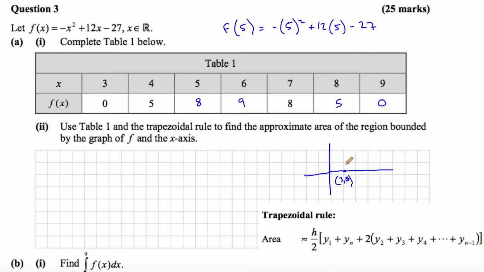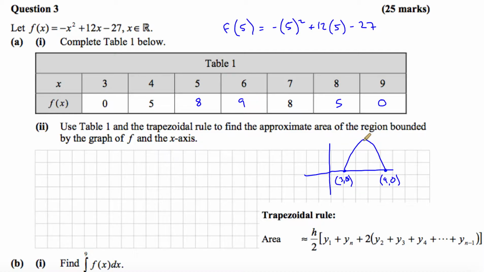And then the function goes up to 5, 8, 6, 9, 7, 8, 8, 5, back down to 9, 0. So because it's quadratic, it's going to be going like this. And it's finishing here on the x-axis at 9, 0.